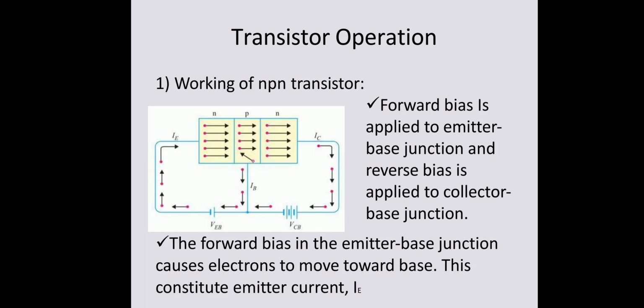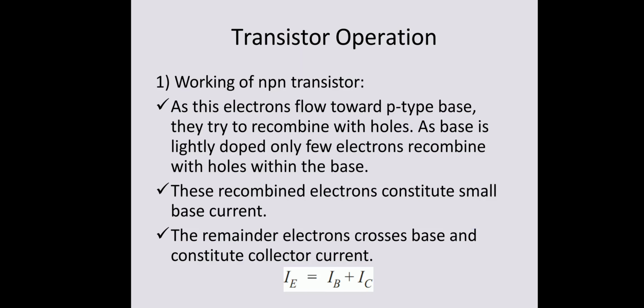The recombination at the base side yields a small base current, marked as IB, and the remaining electrons reach the collector side and contribute the current IC. So we can see in the figure there are IE, IB and IC. We can say that IE is IB plus IC.